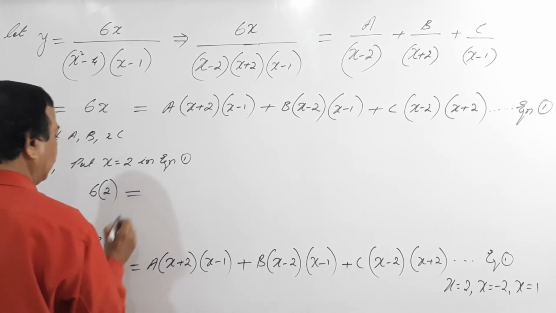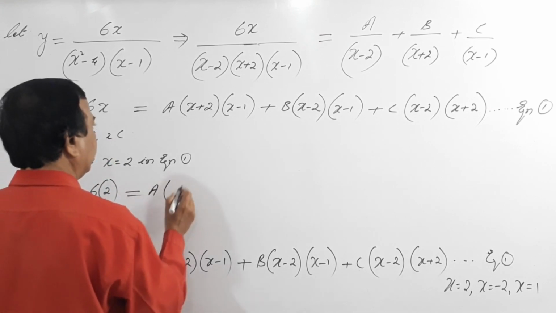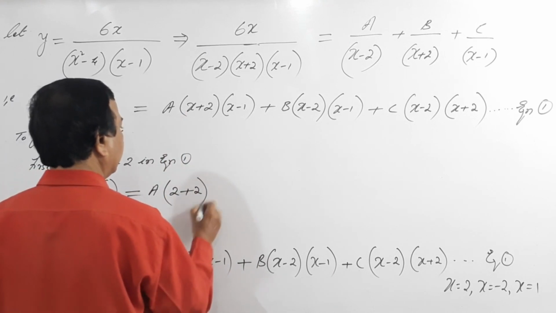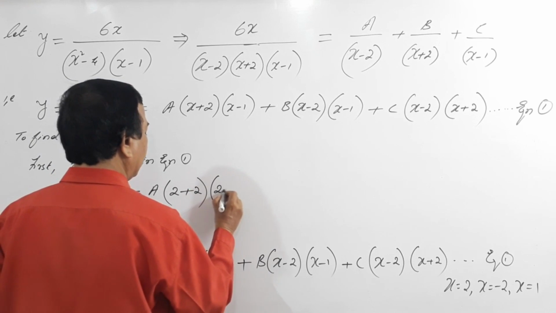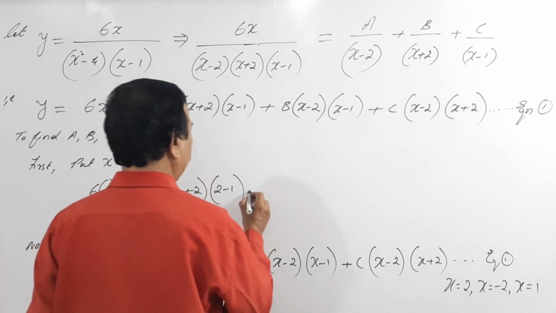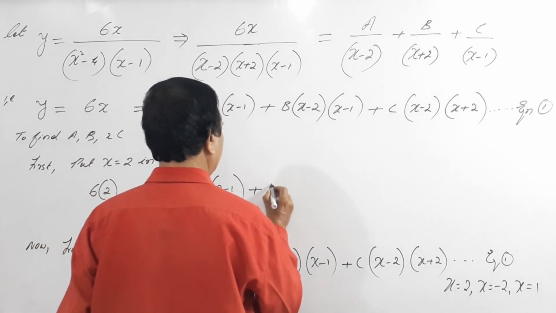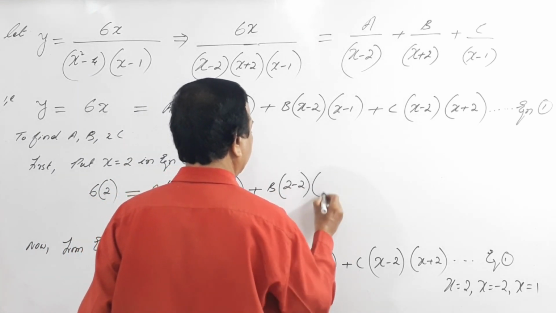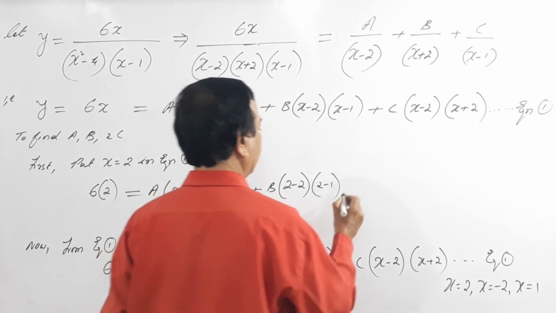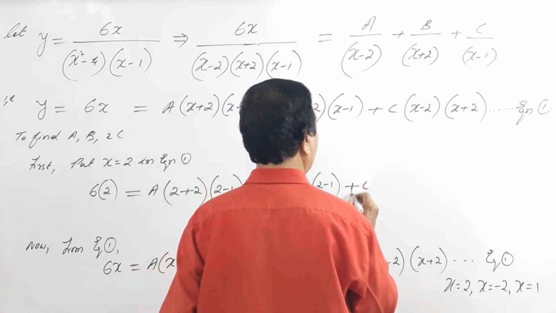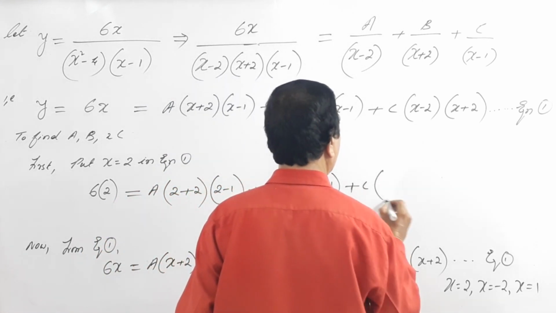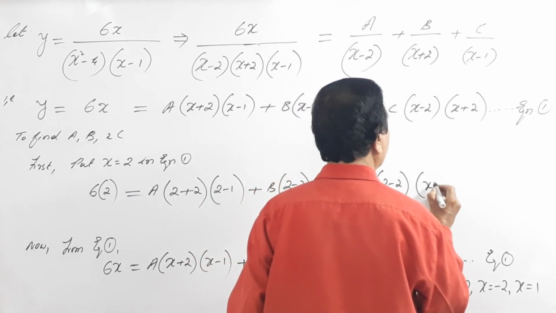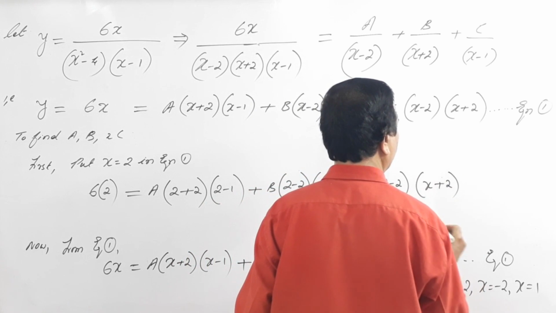So this equals A(2 plus 2)(2 minus 1) plus B(2 minus 2)(2 minus 1) plus C(2 minus 2)(2 plus 2).